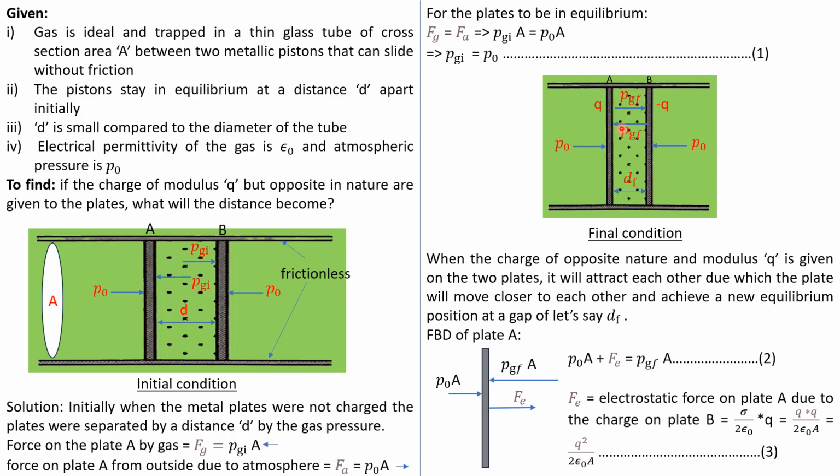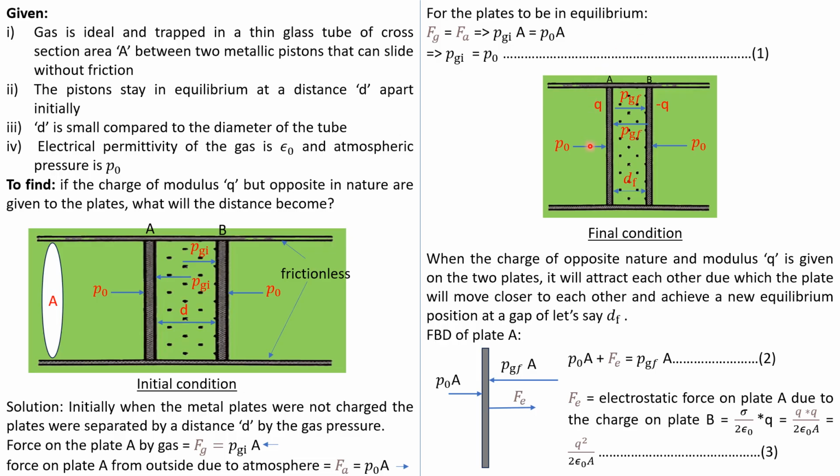Now, this plate A has been given a charge Q, and as per the question, an equal and opposite charge has been given on plate B. So what will happen? These two plates are charged now, so they will start attracting each other. Because of that, there will be movement of plate A towards B and B towards A till the time the system comes back again in equilibrium.